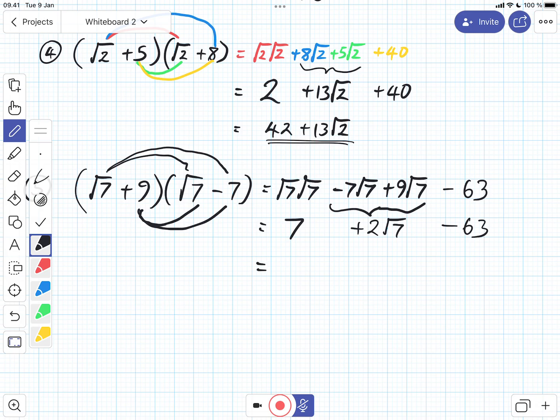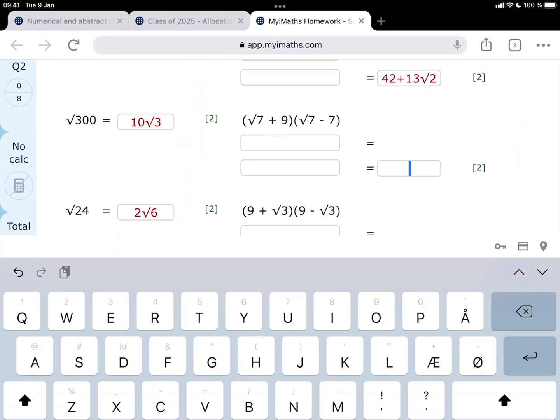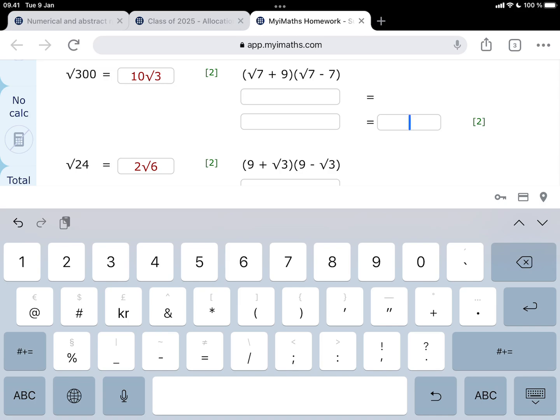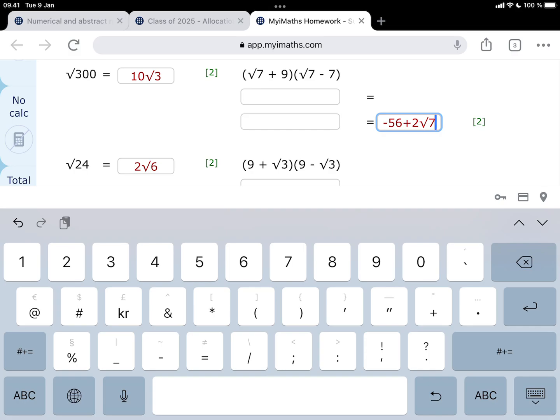Well, the 7 and the minus 63 together are going to make minus 56. So minus 56 plus 2 root 7 is our final answer. So just put that in. Minus 56 plus 2 root 7.